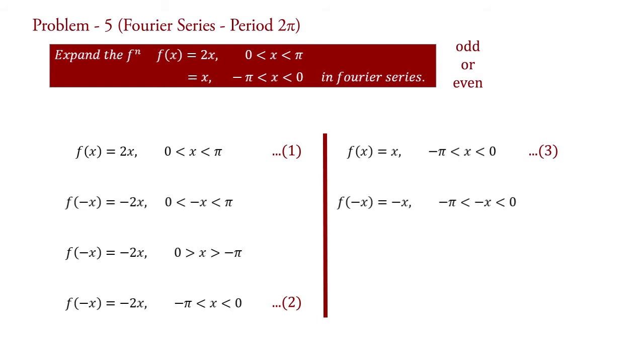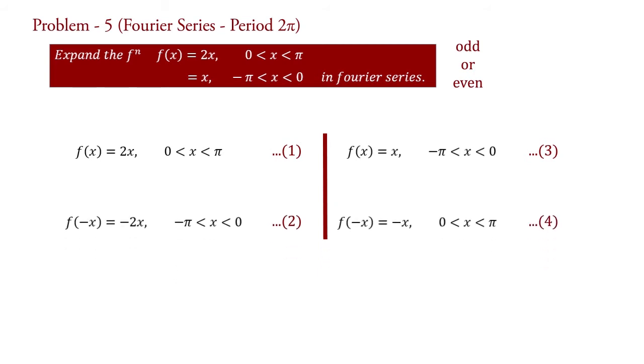Change the signs of the interval as in the first part, that is less than into greater than, minus pi into pi and minus x into x. Therefore, f of minus x equal to minus x for pi greater than x greater than 0. Writing the interval in inverse order, f of minus x equal to minus x for 0 less than x less than pi, say equation 4.